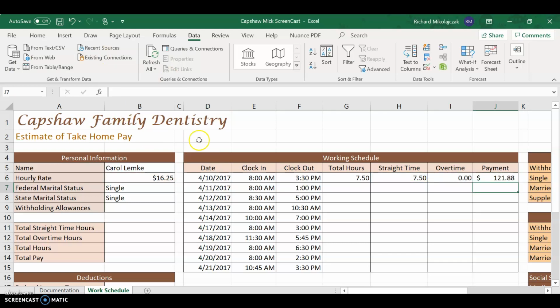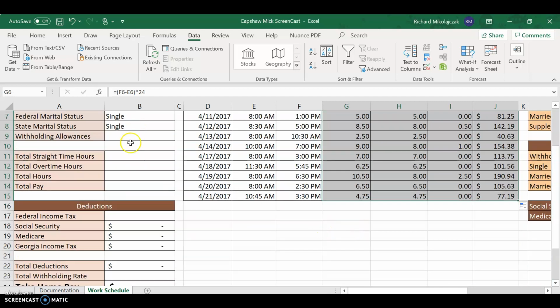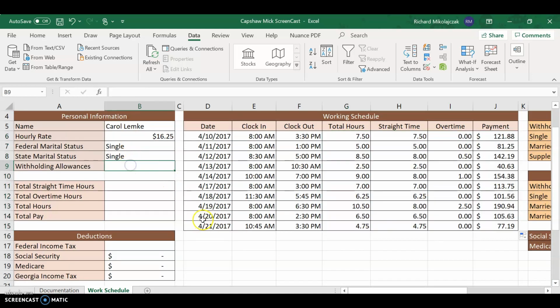And there we have it. Now we're going to fill in all that data, bring it all the way down, and you're all done with that part. Well, I'm sorry, she had one allowance. We didn't have that.